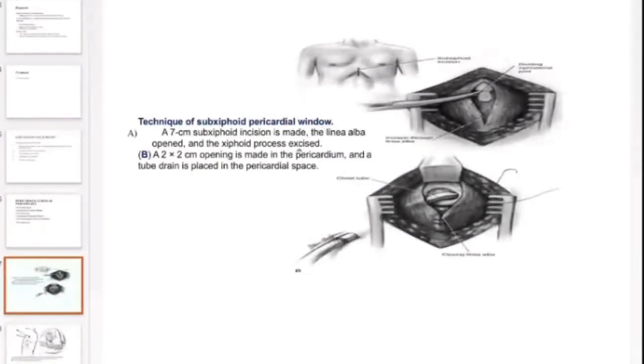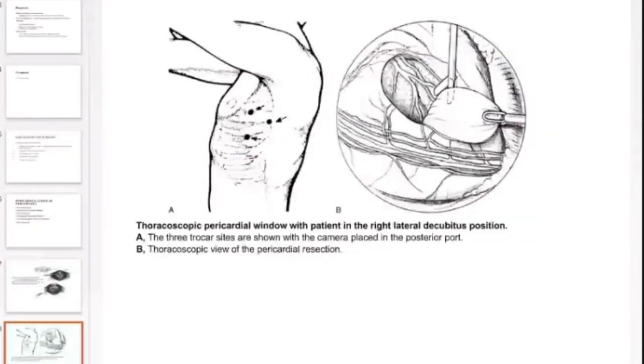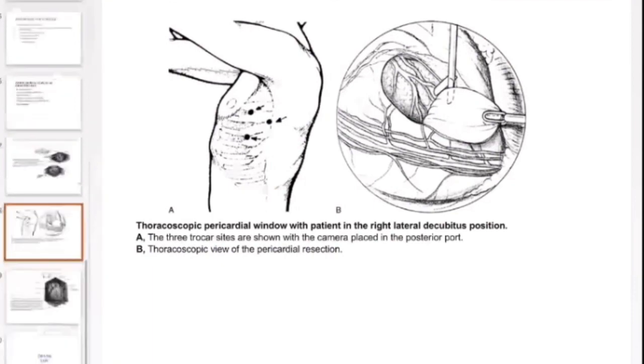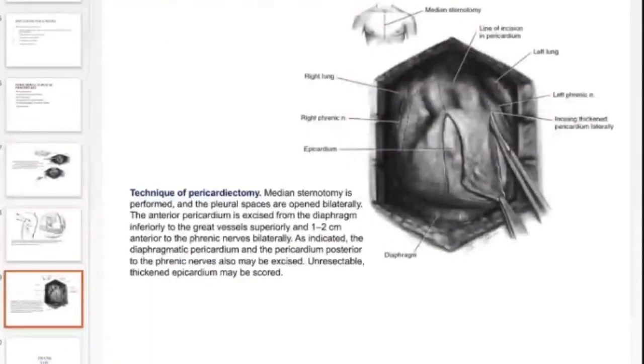This is the subxiphoid procedure, the technique of subxiphoid pericardial window. And this is a transthoracic approach, either by thoracoscope, to make a pericardial window. And this is how we do a pericardiectomy.